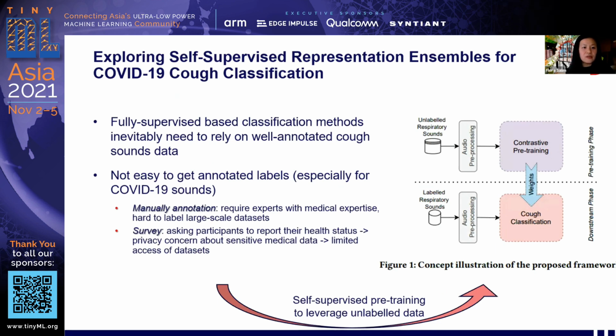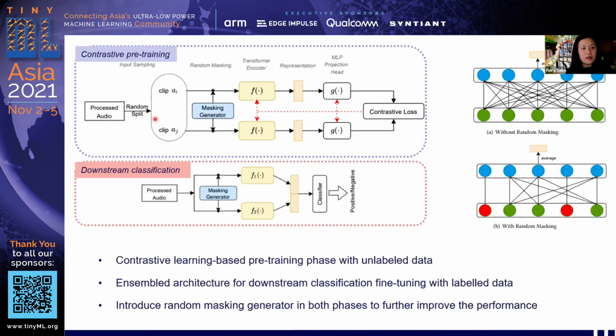Of course, annotated labels are very expensive, as I mentioned before. So here we introduced a couple of strategies. For example, we introduced random masking, and we use multiple projection heads before we perform the contrastive loss function. And in the downstream classification, based on the masking generator, we can classify whether this is positive or negative.